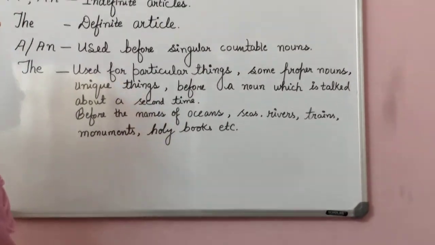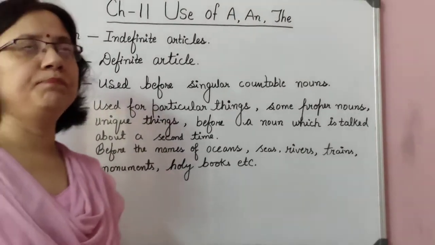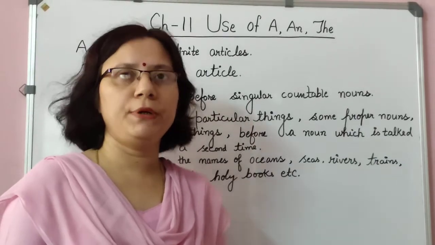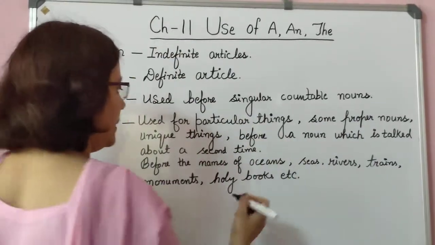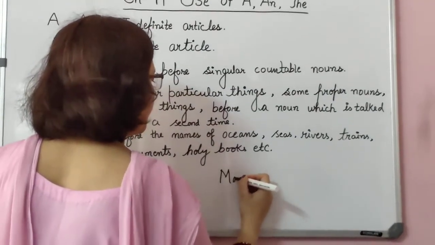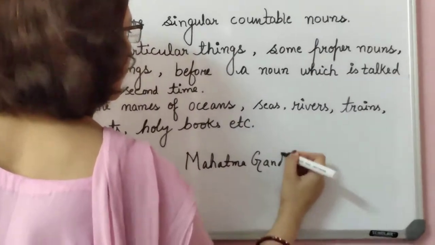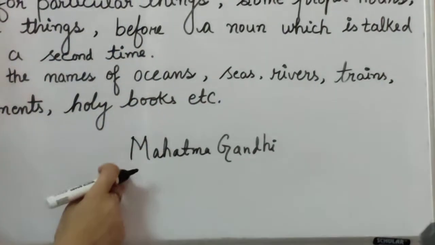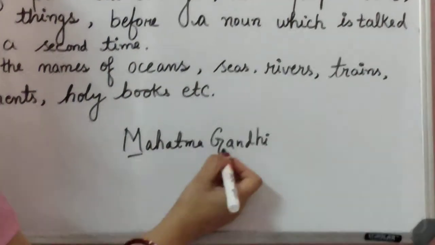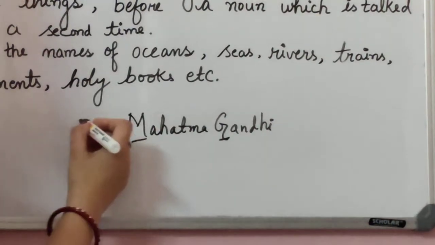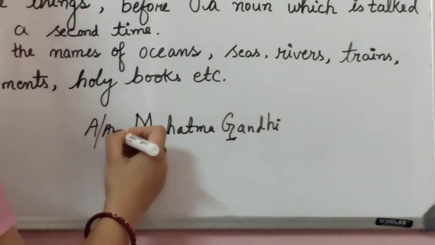The is used before singular and plural. Sometimes the is also used before the proper noun. Proper nouns are like Mahatma Gandhi. Mahatma Gandhi is a proper noun, so I have started it with the capital letter, and we are told that we cannot use a and the.